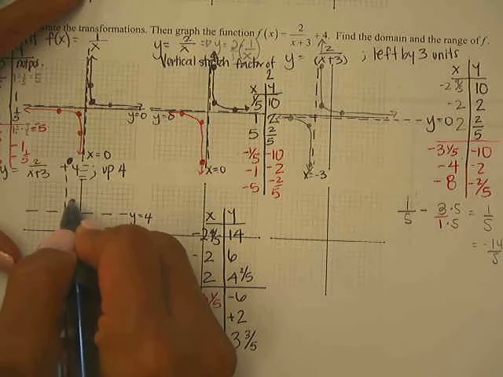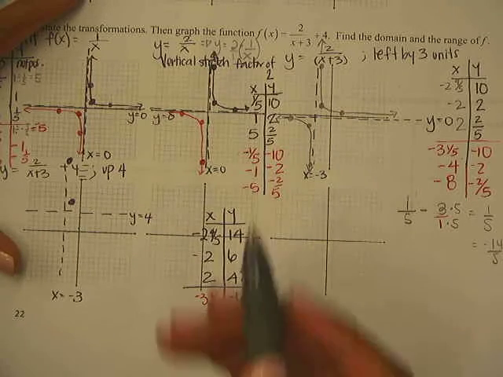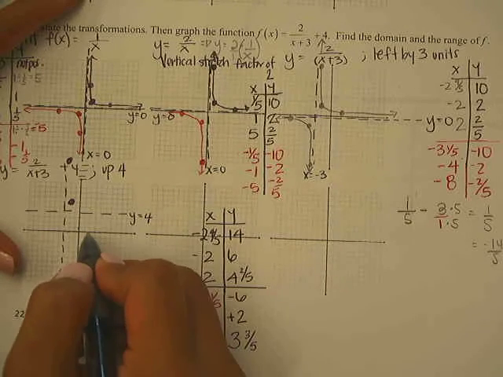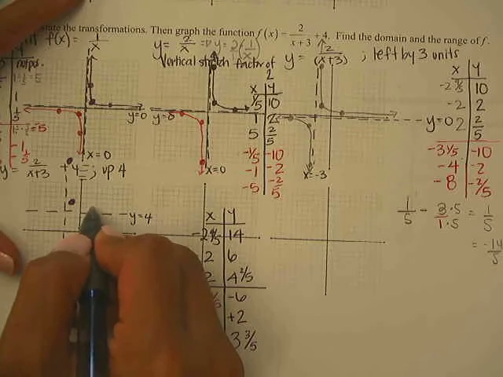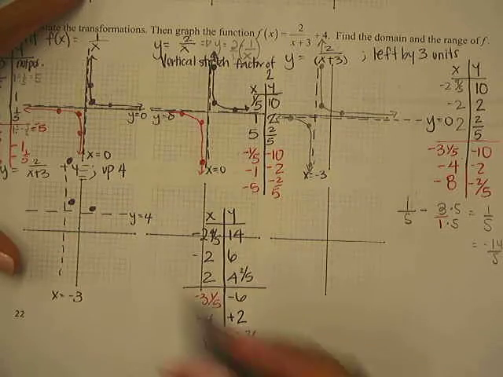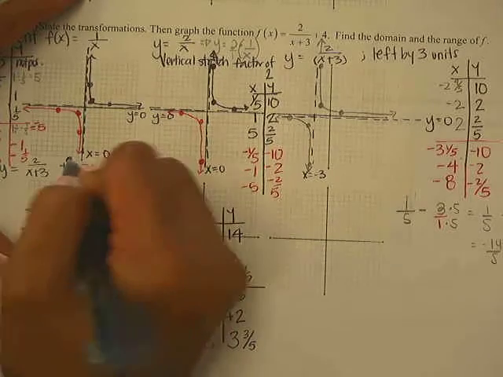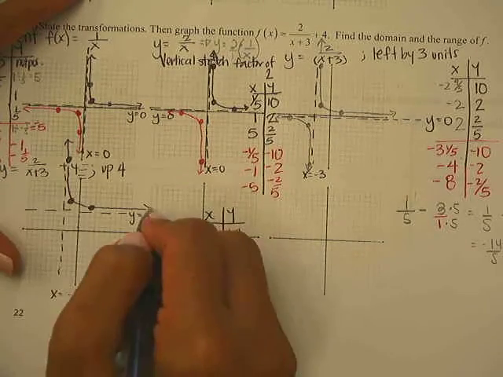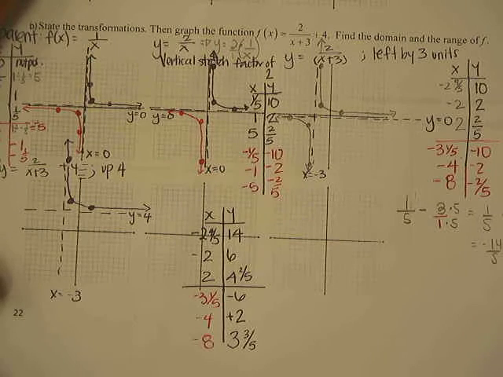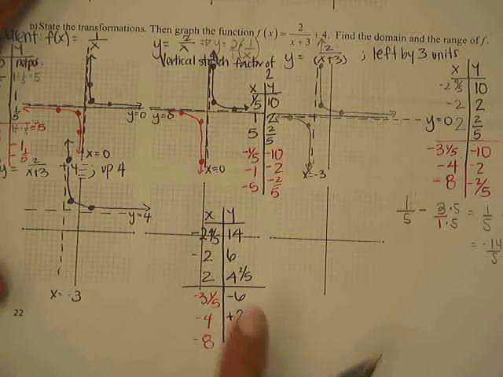So there's my dot. Positive 2 and 4 and 2/5. So positive 2. This is 4. 4 and 2/5 is in between 4 and 5. So make your best dot. Just connect them all. I'm just going to jump over there, make those arrows. Okay. Alright, so that's my right curve.